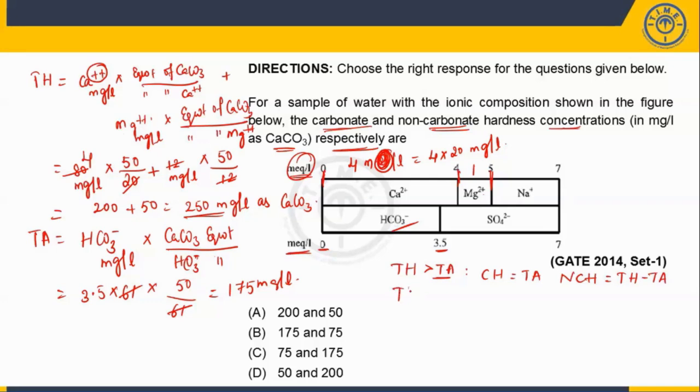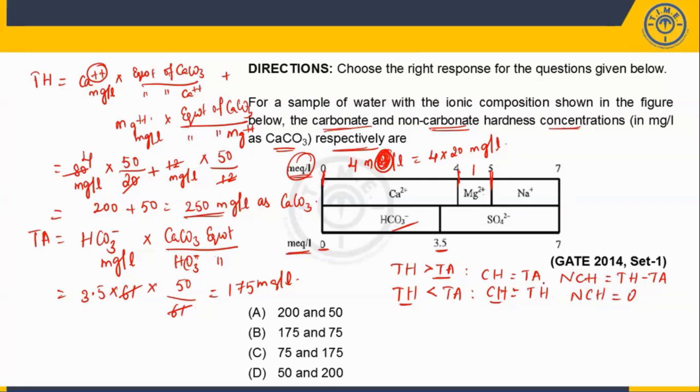If total hardness is less than total alkalinity, carbonate hardness will be your total hardness, and non-carbonate hardness is equal to 0.